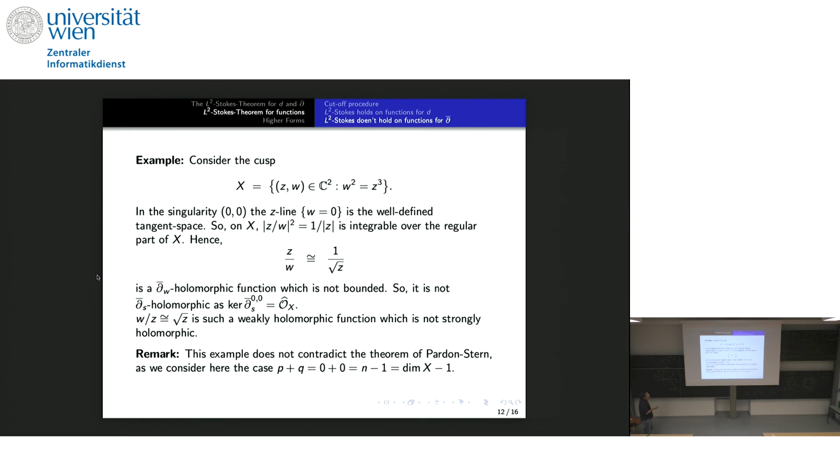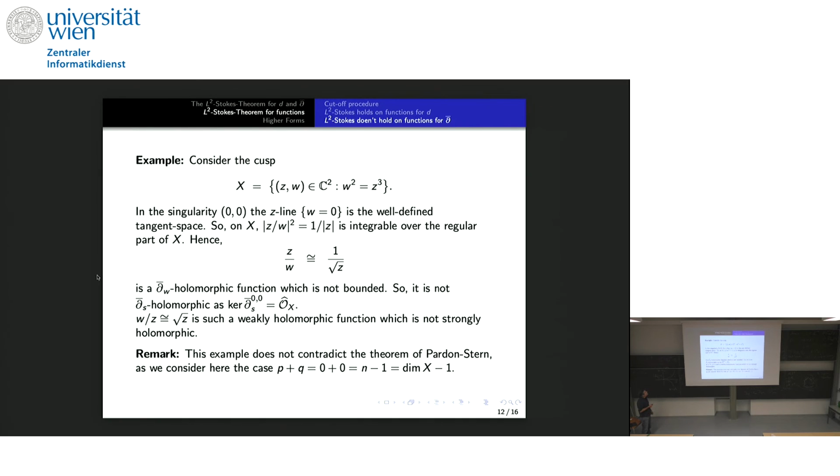And it is obviously not bounded, because it has a pole in the singularity. If it were also in the domain of a d bar S operator, then it would need to be bounded. So here we have d bar W holomorphic functions which are not d bar S holomorphic. So here the d bar W and the d bar S operators are really not the same operators.